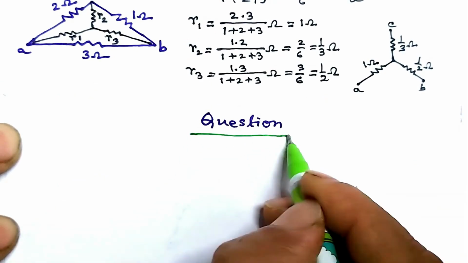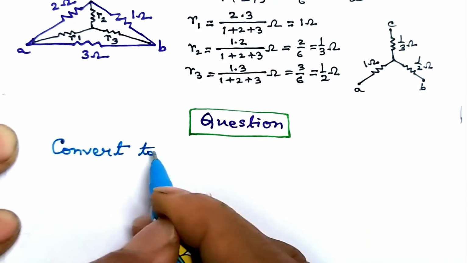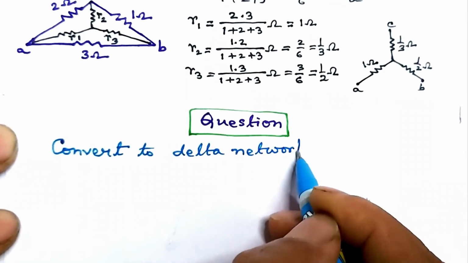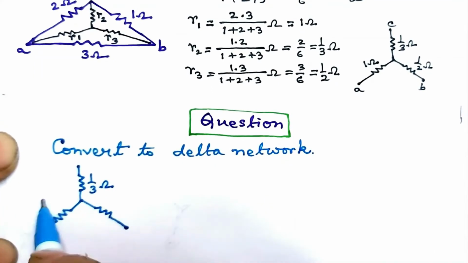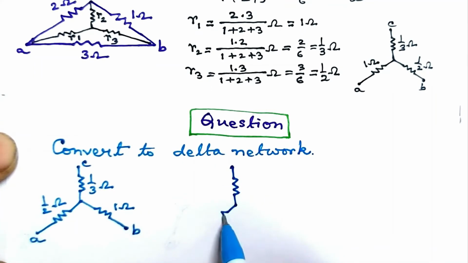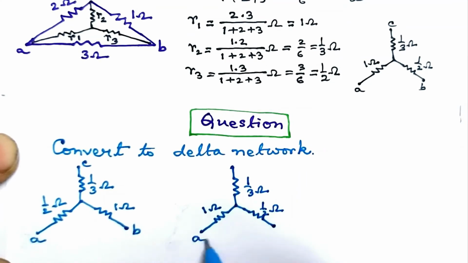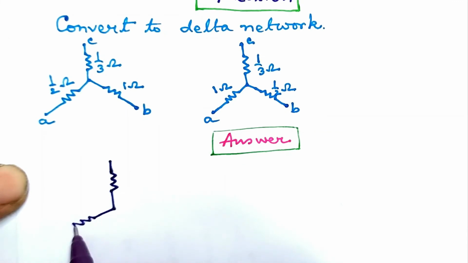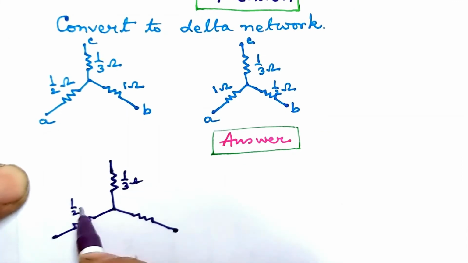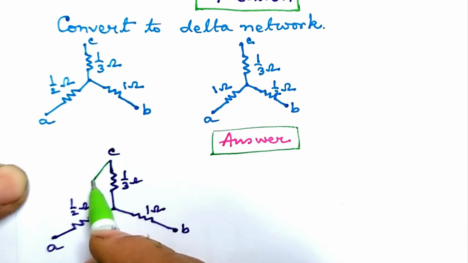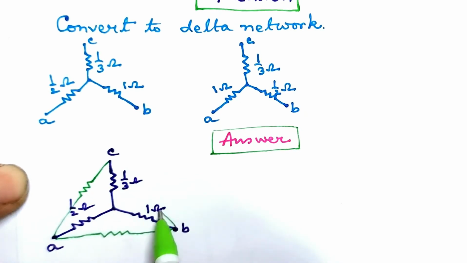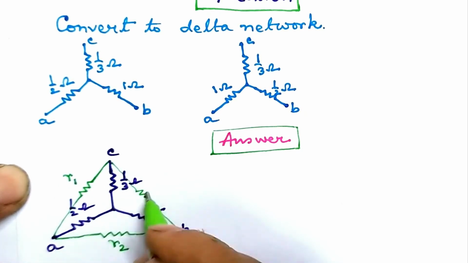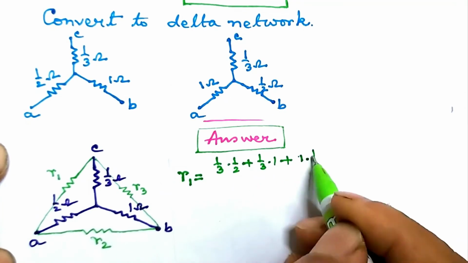The next question: convert to delta network the following star networks. The answer: consider the first star network, build the corresponding delta network, and use the formula to get.